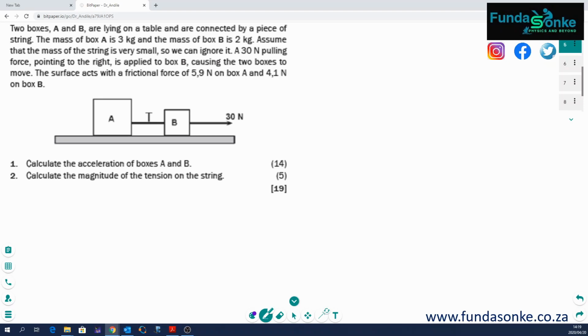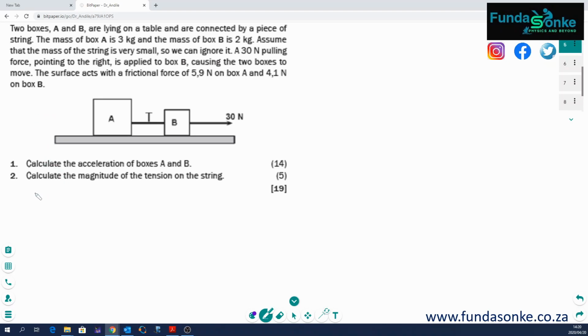Okay, so in this case, we've got two objects or two bodies that are attached together by a string. So one can consider the two objects to be a single system or a single unit, such that if this is a single system, we can then consider the total mass of the system.